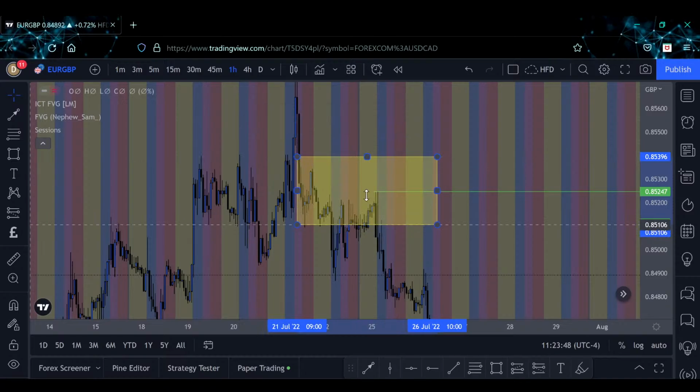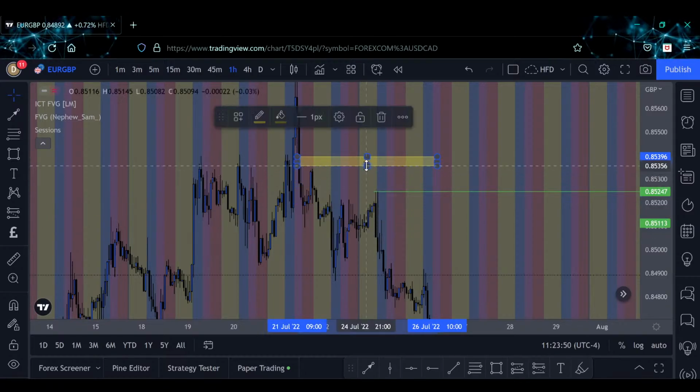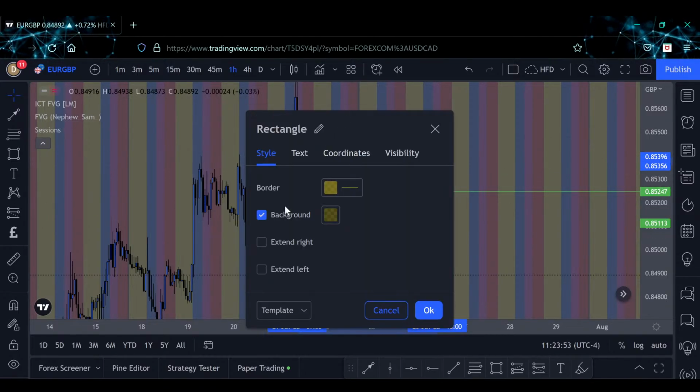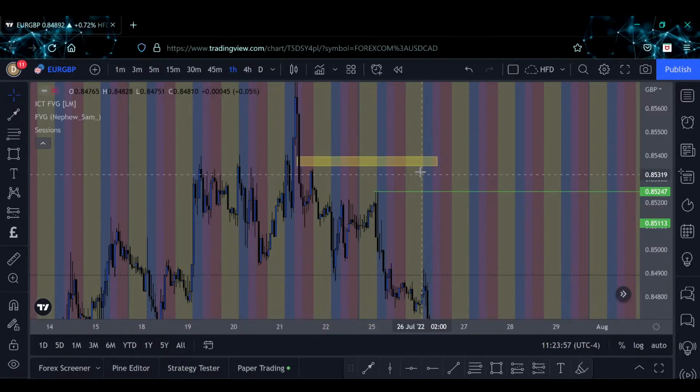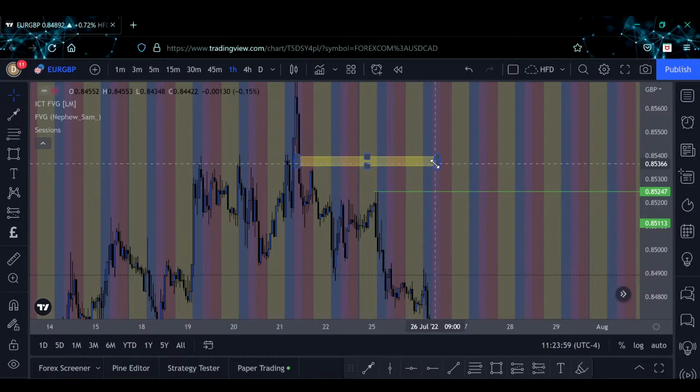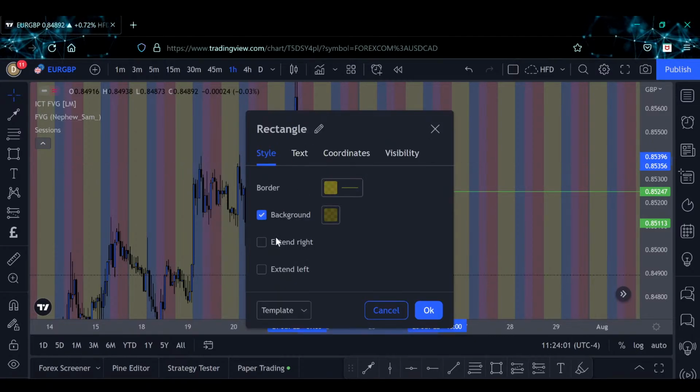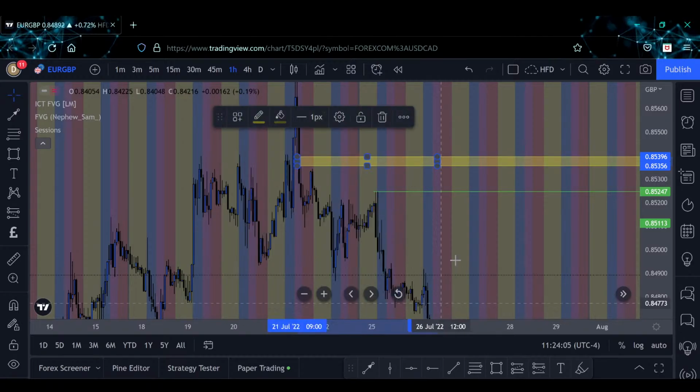Extend it to the right. Why did that extend? There we go.